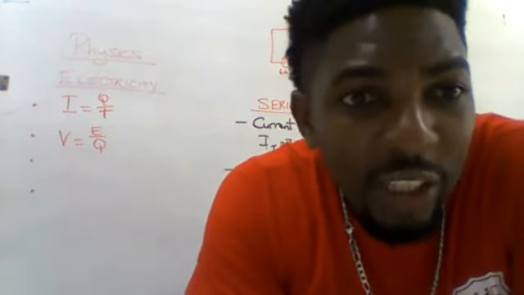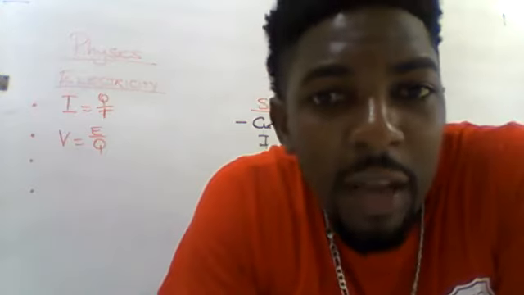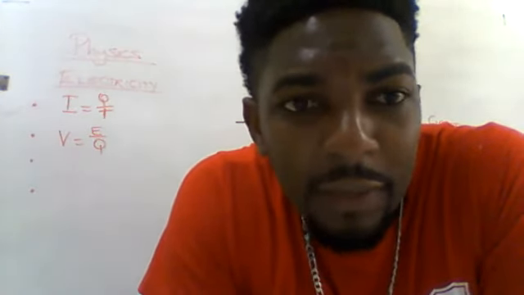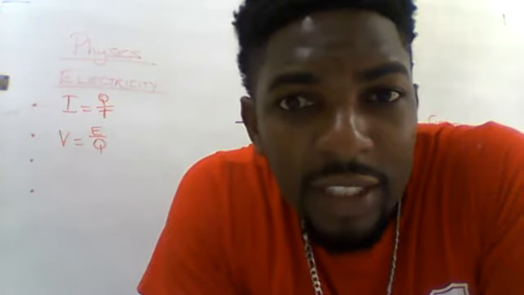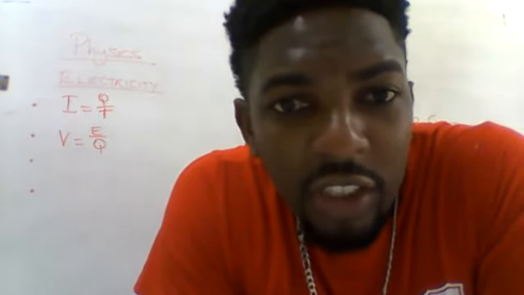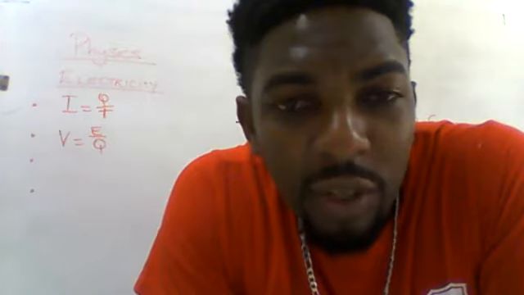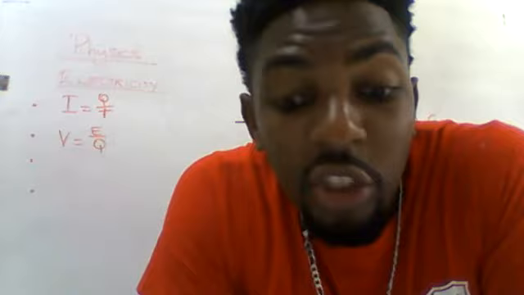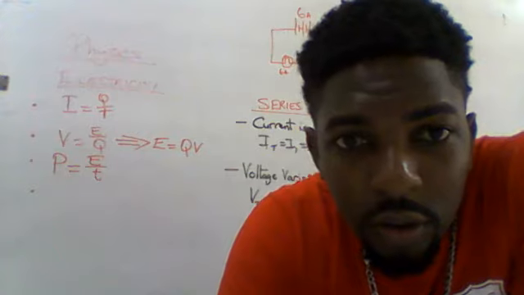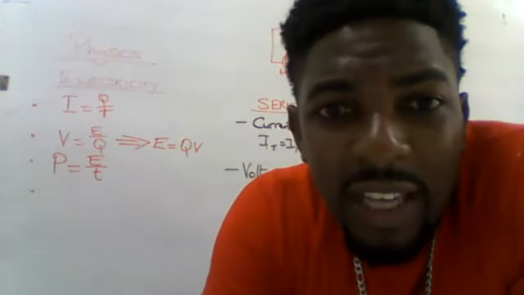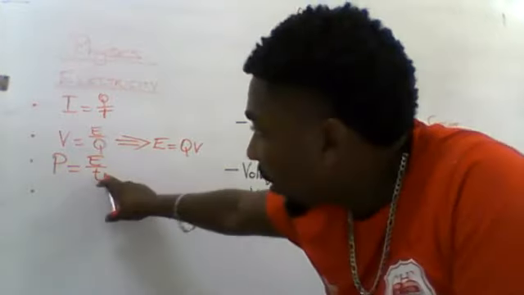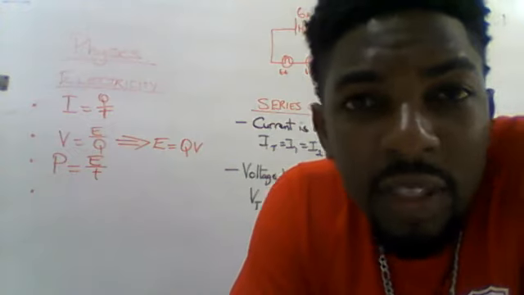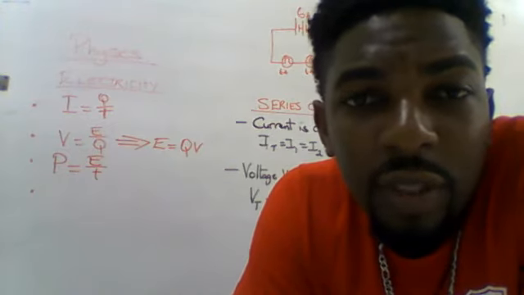So in this case, electrical power is the amount of energy that is converted per unit time, right? Now what we notice is that P is equal to E over T, meaning power is equal to energy converted per unit time, or energy divided by time.